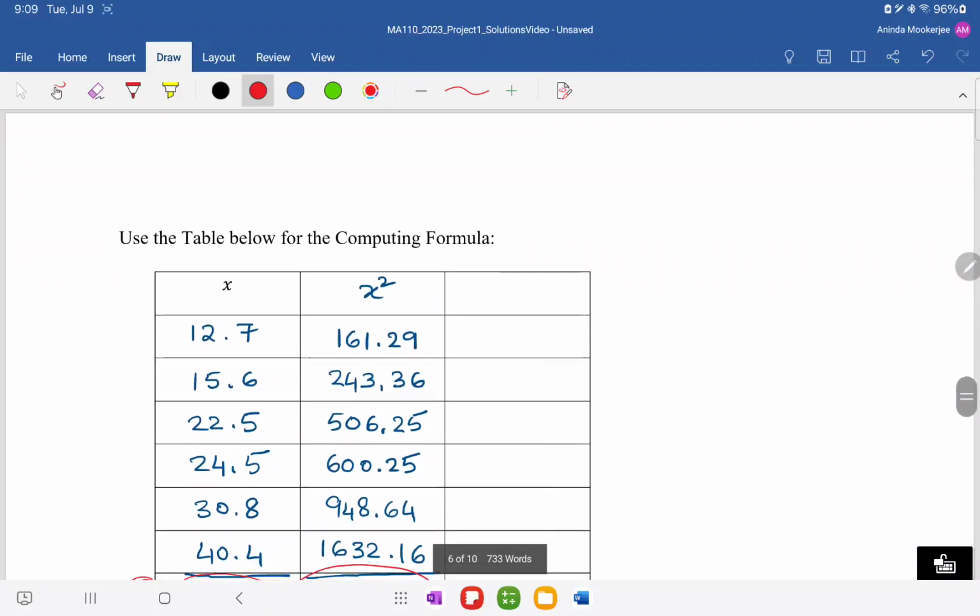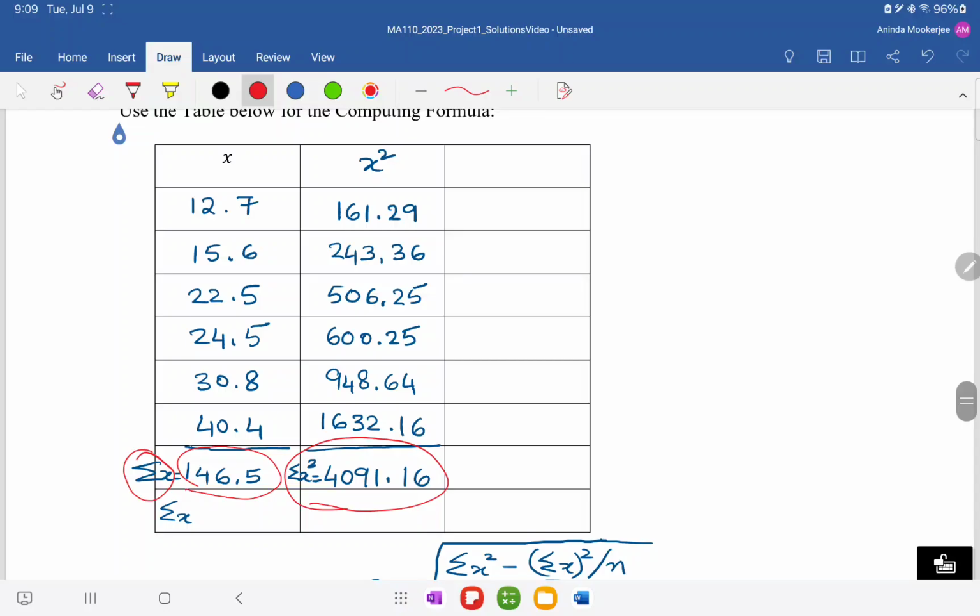All right, so you will need to work on a problem on the test using the computing formula. I always stress on that, because the computing formula or a variation of it is used later on in statistics 2.